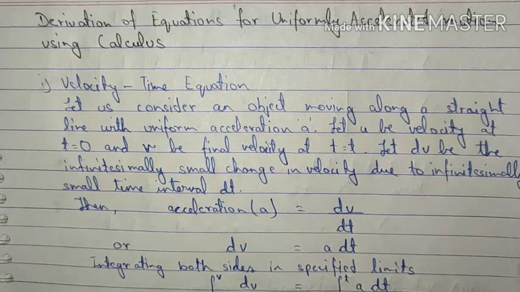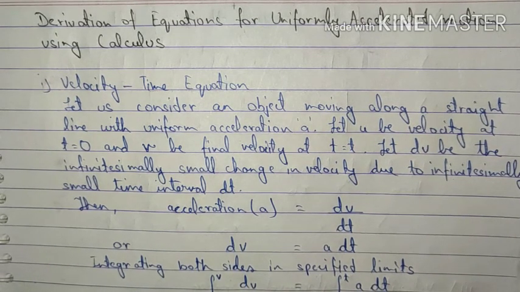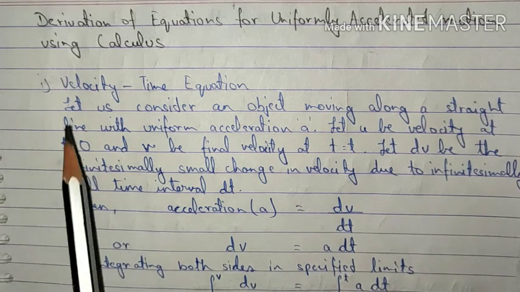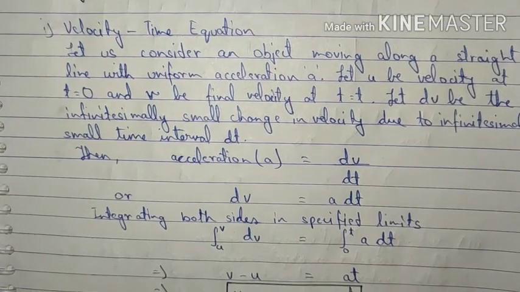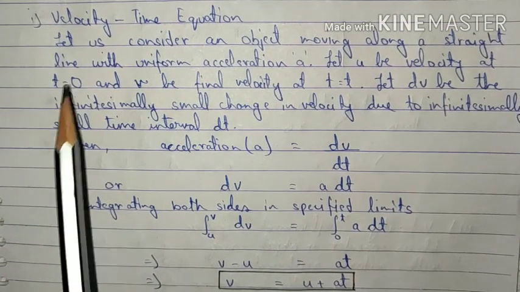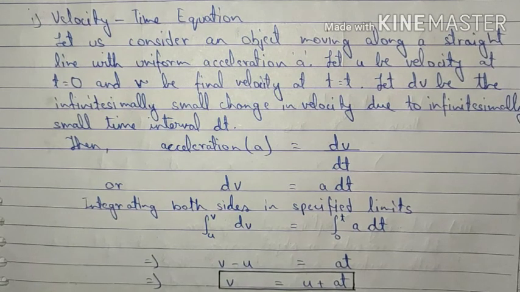Let's move on to the next topic, which is derivation of equations of motion using calculus. The first equation is known as the velocity time equation. Let us consider an object moving along a straight line with uniform acceleration a.